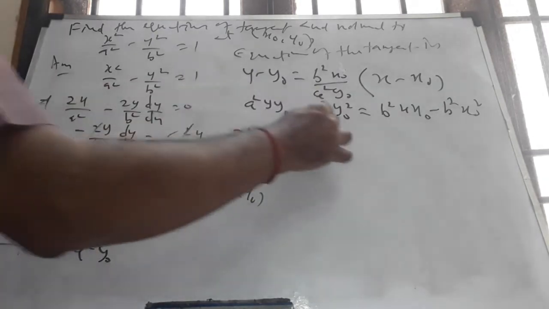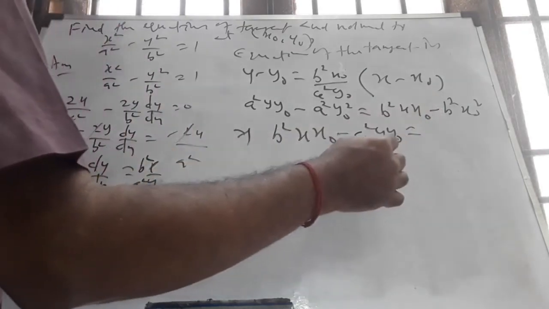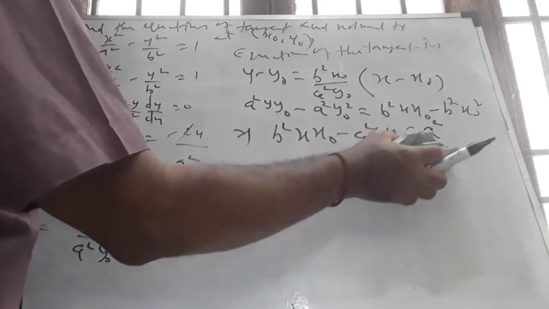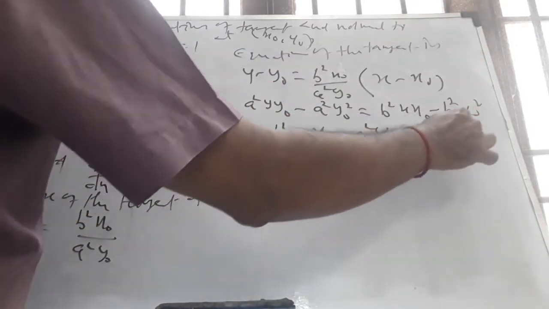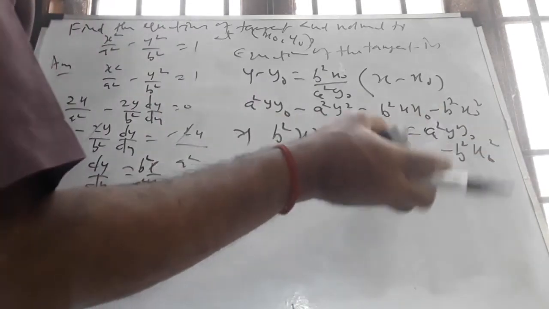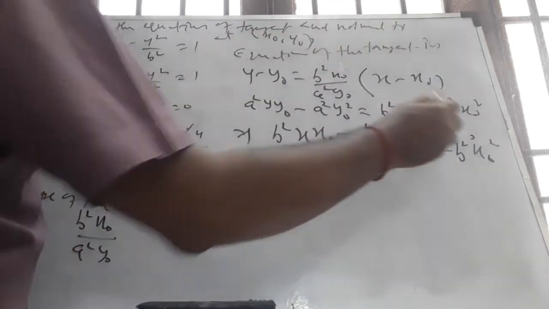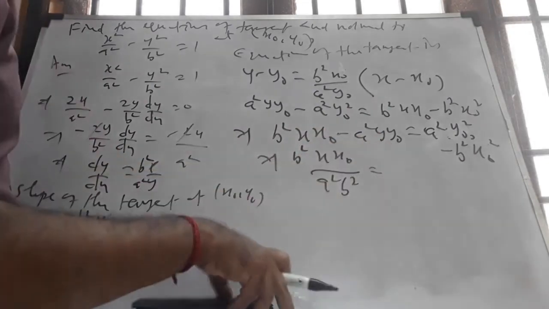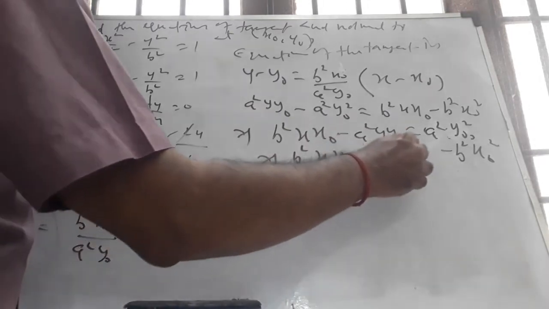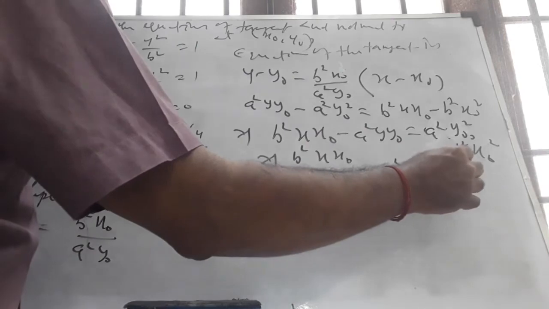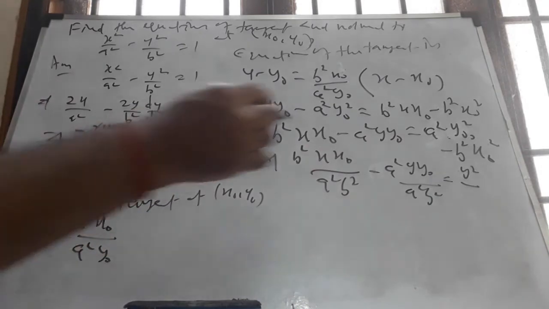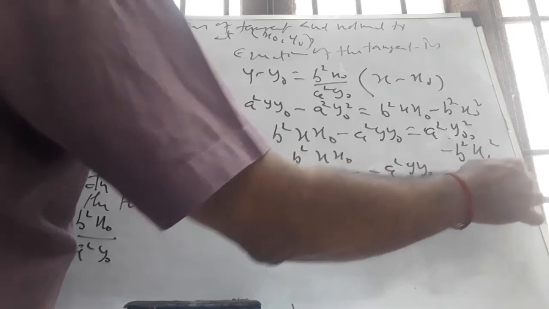Let me divide throughout by a square b square. Am I going wrong elsewhere?